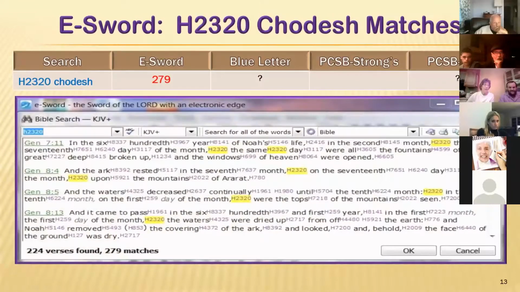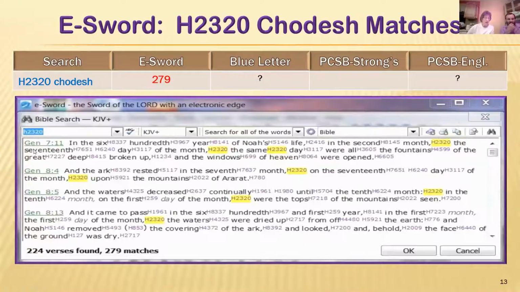Okay, let's take a look at the eSword platform first, for 2320. This is what the screen looks like when I brought it up on the computer. It says eSword right there. I put in 2320, and right down here, it tells me, which is really nice, and this is the brand new program that I finally downloaded, it says 224 verses found in how many matches? 279.